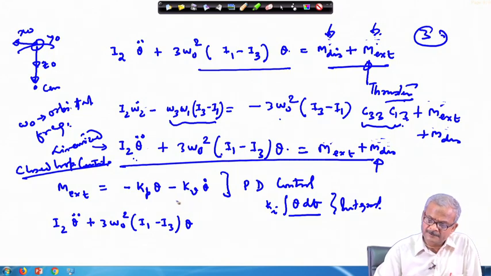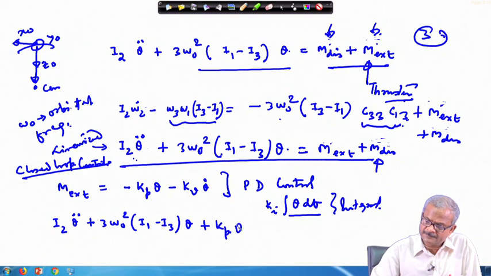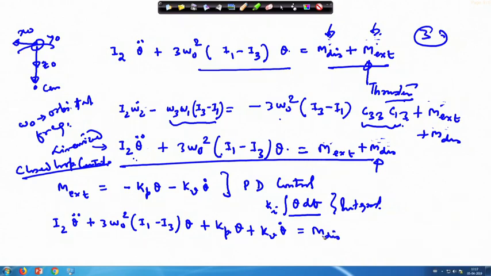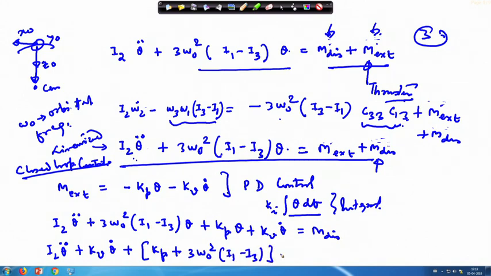And then m external we insert here in this place, bring it on the left hand side, k p times theta plus k v times theta dot, this is equal to, on the right hand side then only m disturbance will appear. So, I 2 times theta double dot plus k v times theta dot, and then we can write it as k p plus 3 omega 0 squared times I 1 minus I 3 times theta, this equal to m disturbance.